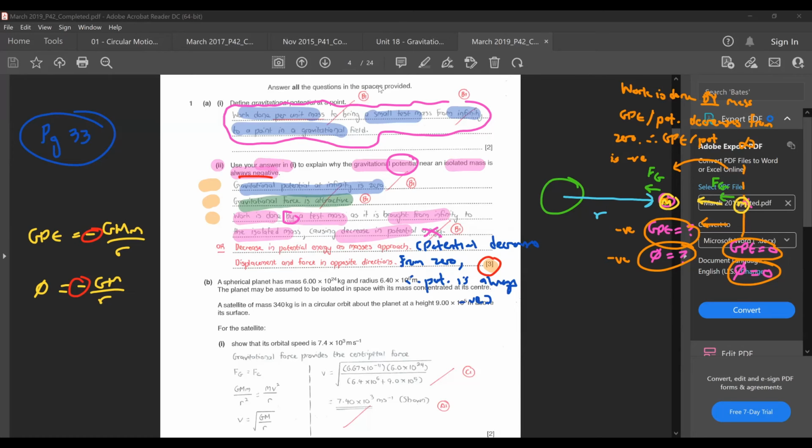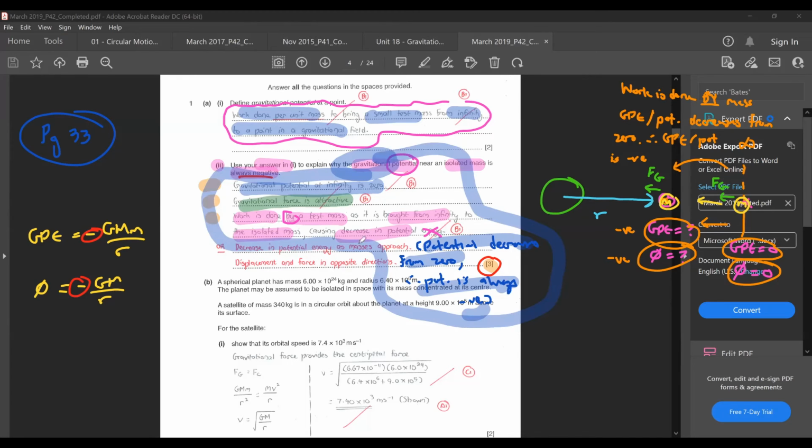Okay, this statement is actually not required because it's a repetition of your question stating why potential is negative, but it helps you to see the complete story. So you have to always write these 3 statements. Gravitational potential at infinity is 0. Gravitational force is attractive.